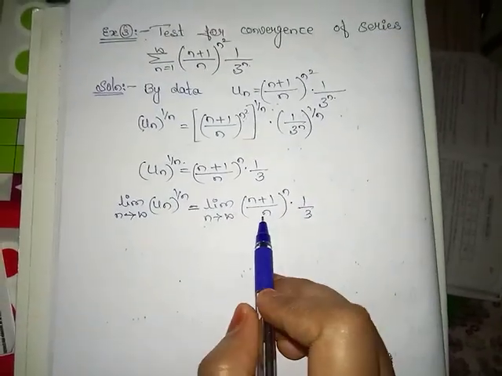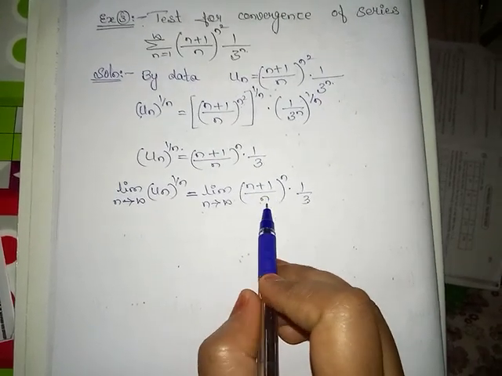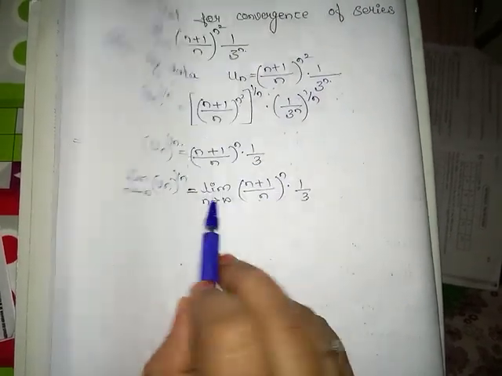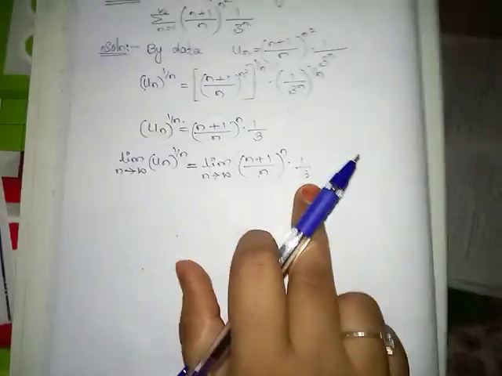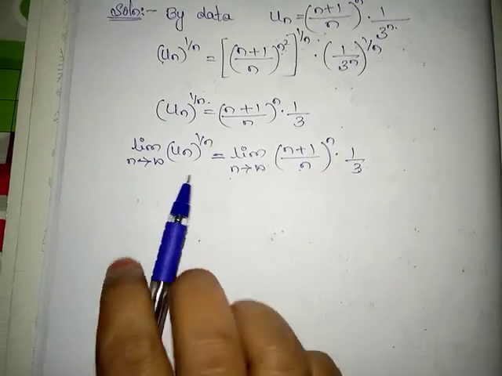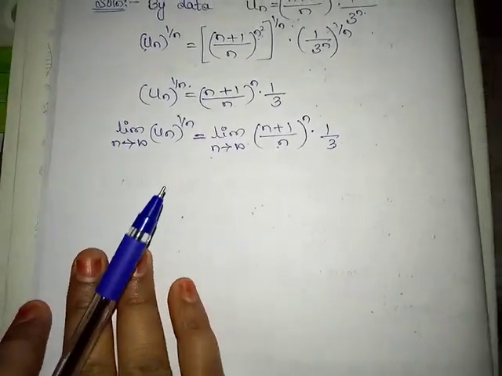When we apply the limit for this one, what will we get? Infinity plus 1 divided by infinity, raised to infinity. That means infinity into something is again an infinity value. So we get limit n tends to infinity un raised to 1 by n is equal to infinity.